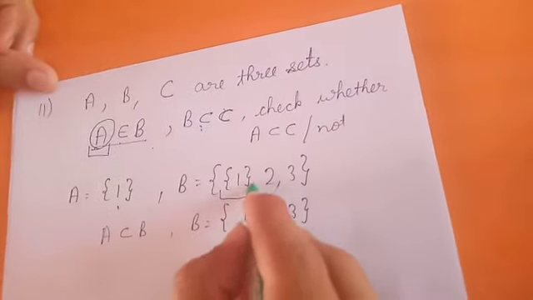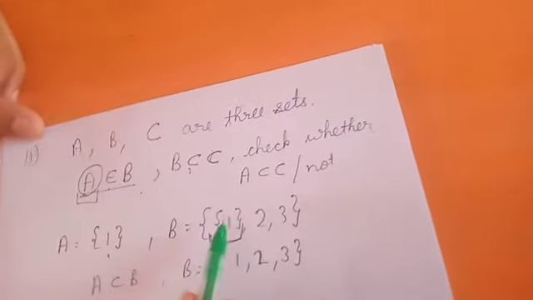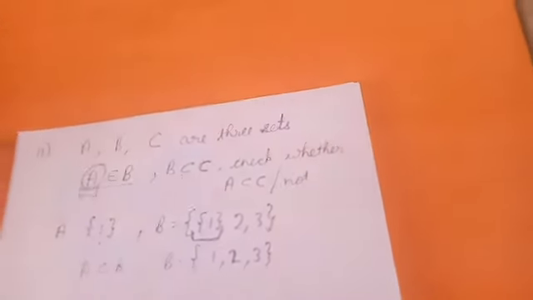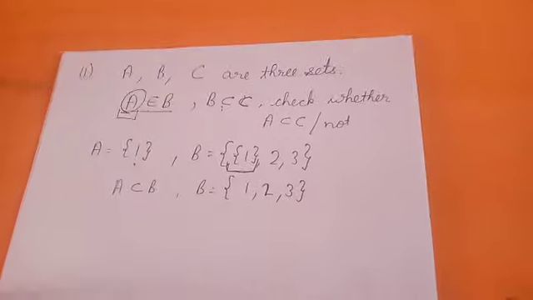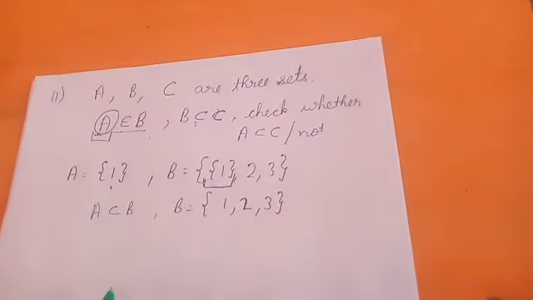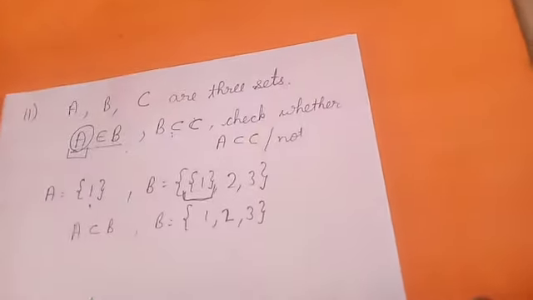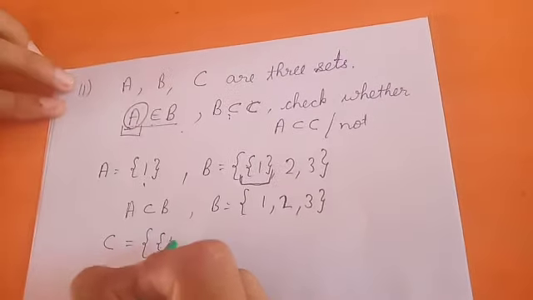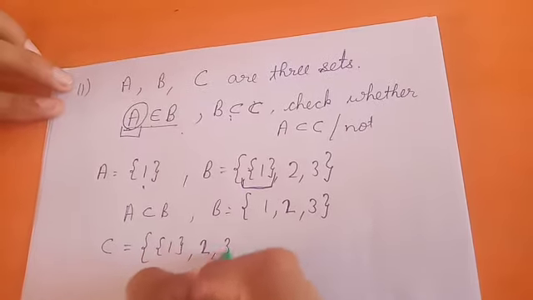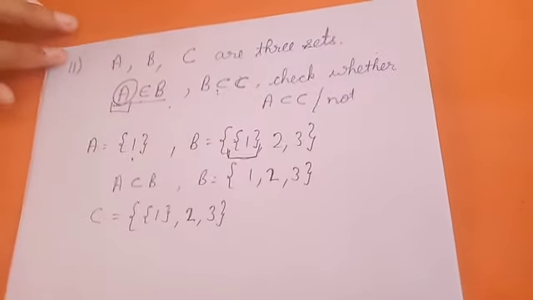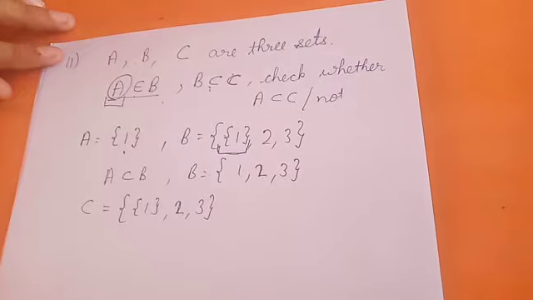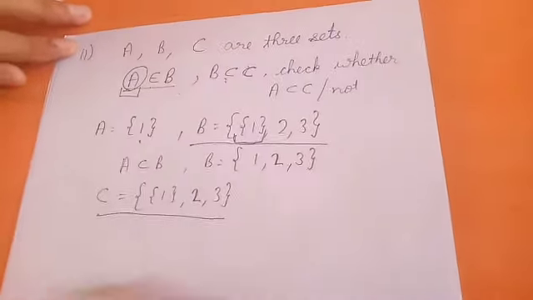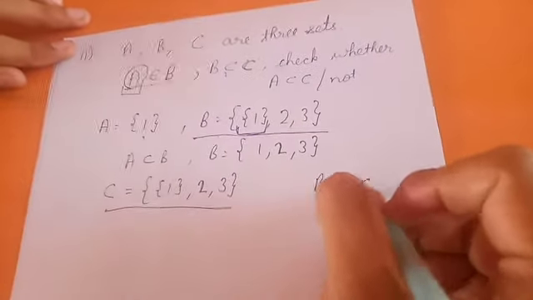In this way, in this case we will consider {1, 2, 3} along with these brackets as one element of B. Okay, now they have considered set C the same as B. Now you can check that B is a subset of C.